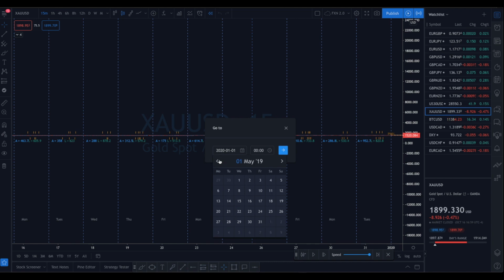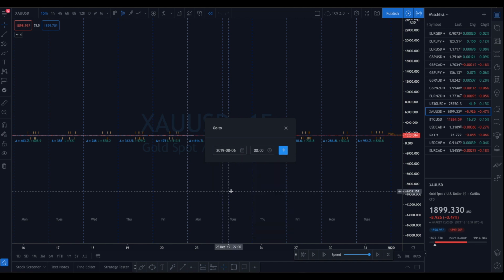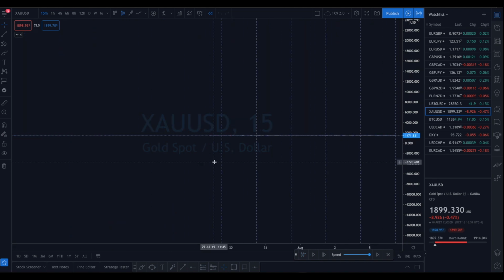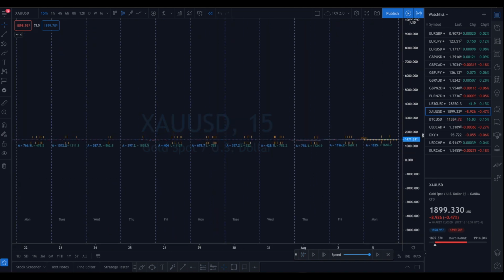I don't know, let's do August, and we'll pick different days for different pairs. So let's do a Tuesday. Let's do this Tuesday here, August 6th. Let's start from here, which is Sunday, Monday, and then let's open this up.